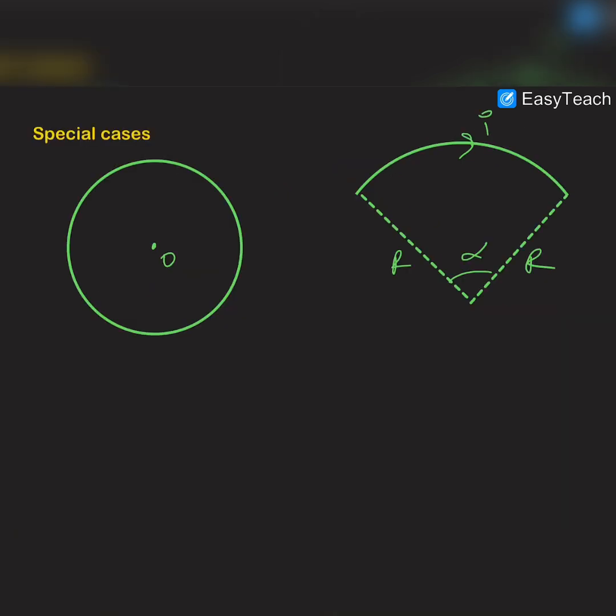And if we discuss the special cases, the first special case is if x is 0, which means we are at the center of the ring, calculating the magnetic field at the center of the ring. Then it would be mu naught I r square upon 2 r square to the power 3 by 2.